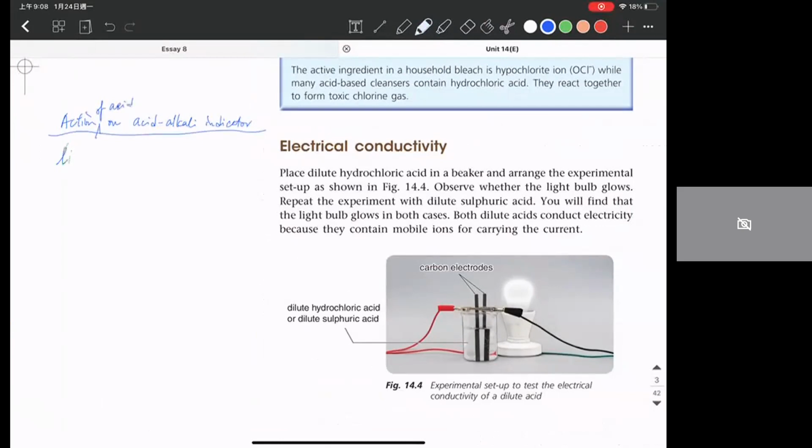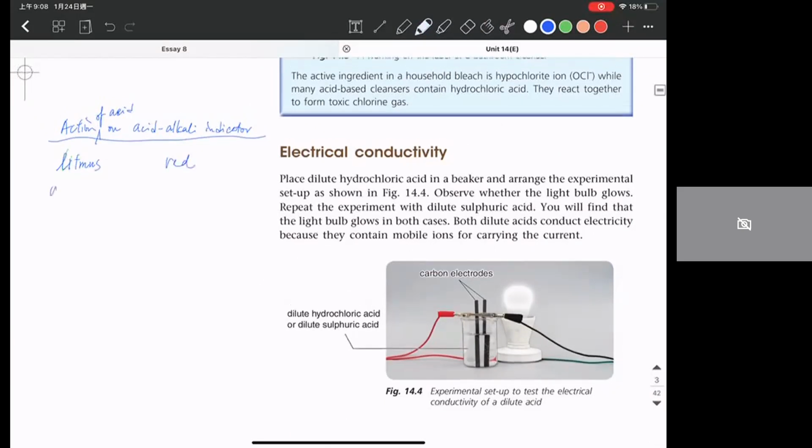So you may have got certain chemicals: litmus is red. What else? Methyl orange is red. Phenolphthalein is colorless.